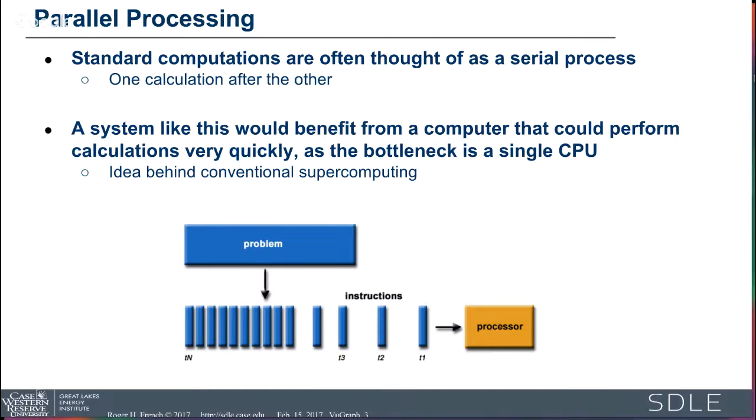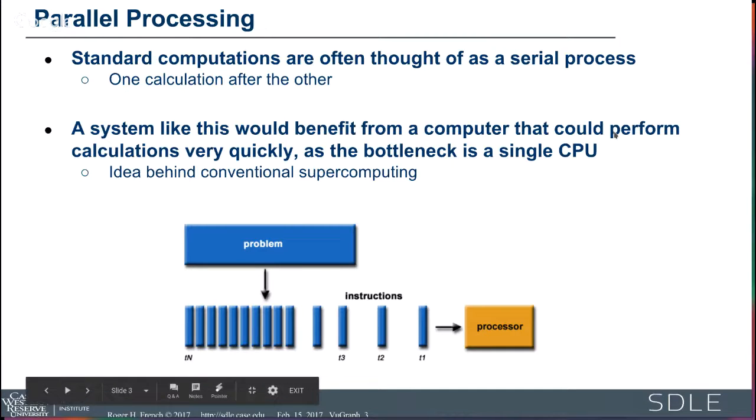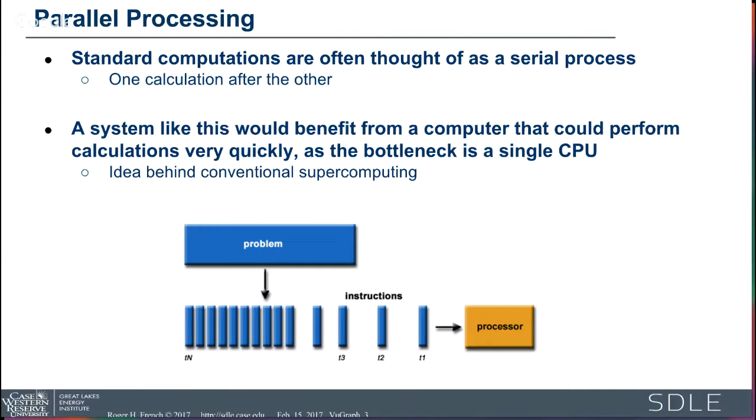With standard computing, if you have a script you're trying to run, it's basically a list of instructions, and those get fed in one at a time through a computer or processor. In the diagram below, we have some problem that we want to solve, and we break it up into individual instructions, and they go in sequentially through this computer, and then the computer analyzes those and spits out the results at the end.